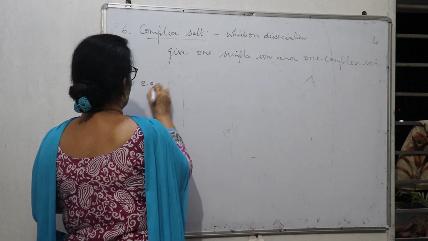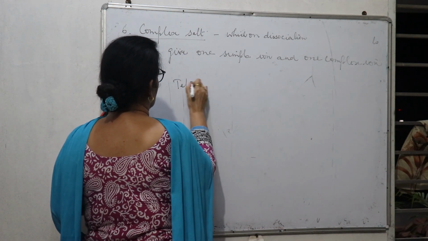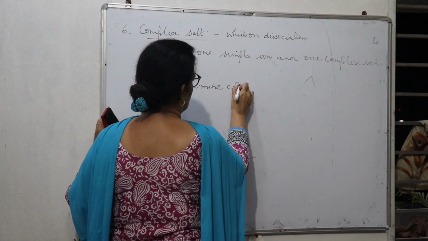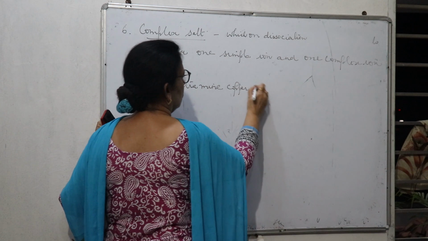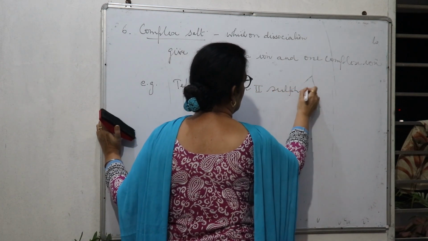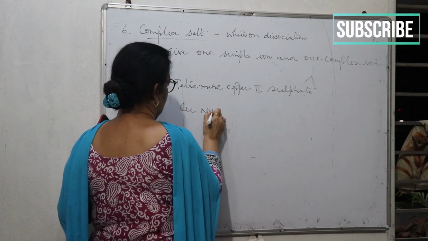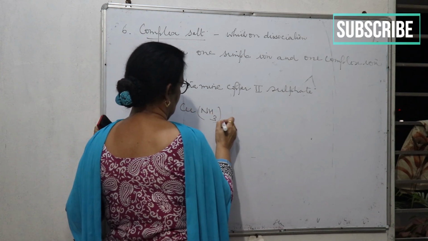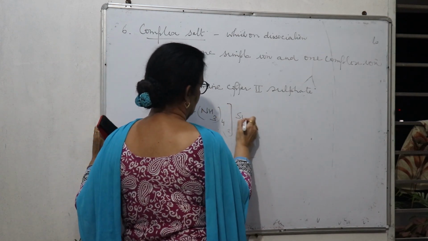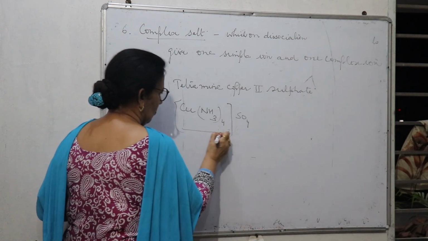For example, tetraamminecopper(II) sulfate, [Cu(NH3)4]SO4.